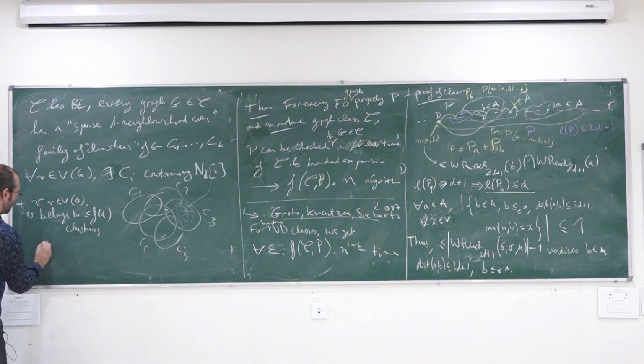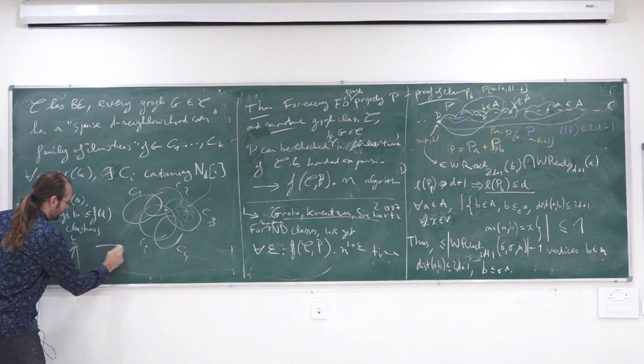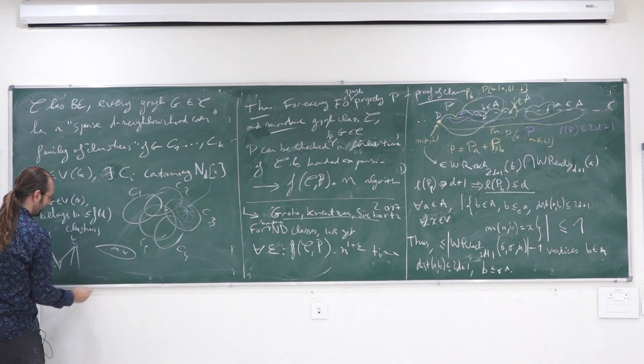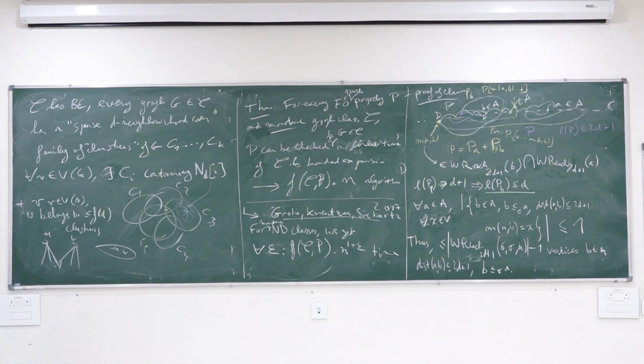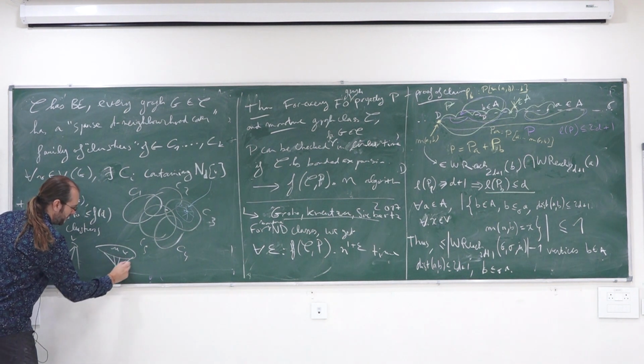So if you have two vertices like this, you will contract them into a single vertex, UV. And what you do is you look at what was in common. Maybe this was in common, you're happy with it.